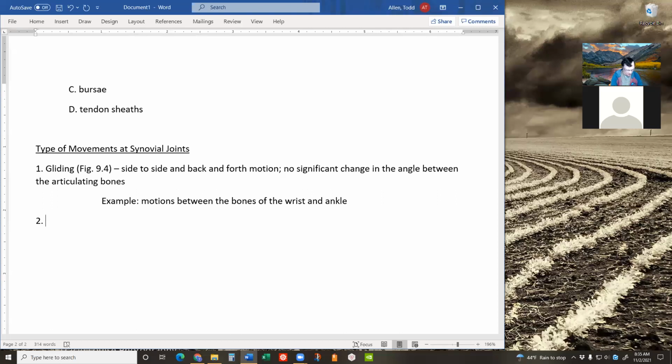All right, so angular movements refer to motion in which there is an increase or decrease in the angle between the articulating bones.